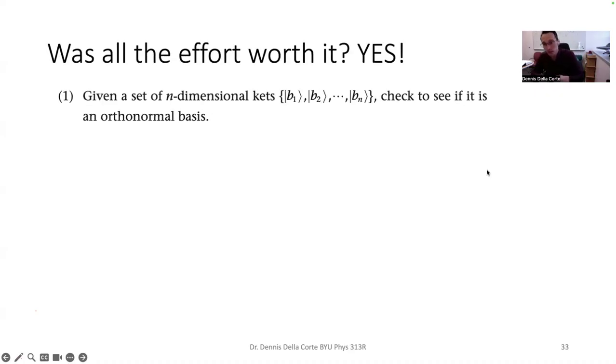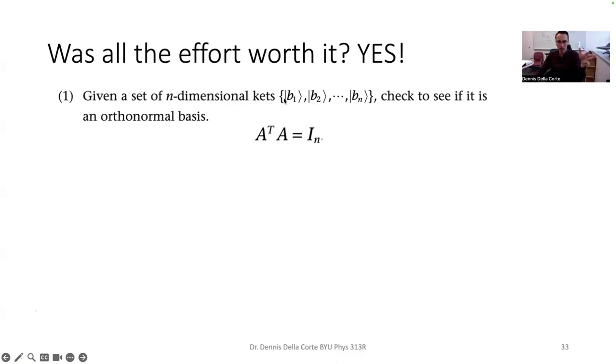Okay, now the question is, we spent almost 80 minutes on this lecture. Was it worth the effort? I believe it was, because what we have seen now is that if you are handed this bag full of ket vectors, you can see if they form an orthonormal basis or not, simply by taking this matrix of ket vectors and calculating the transpose of it by writing them all as bra vectors.